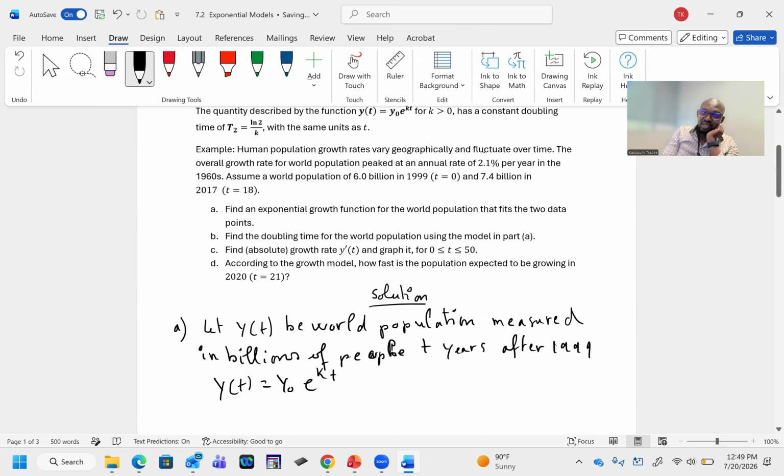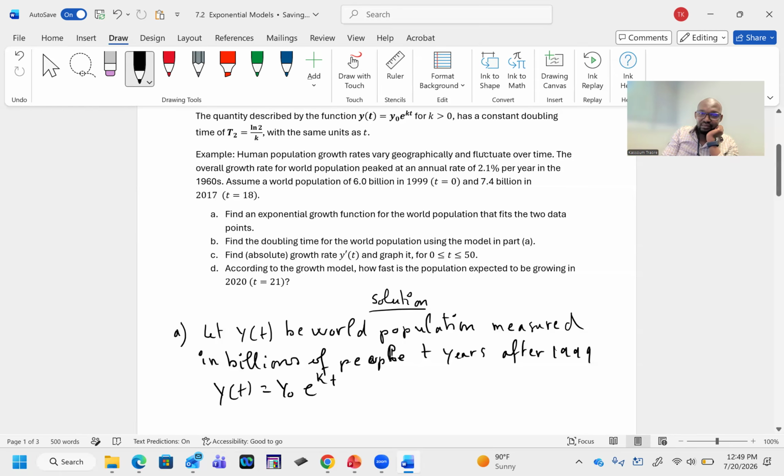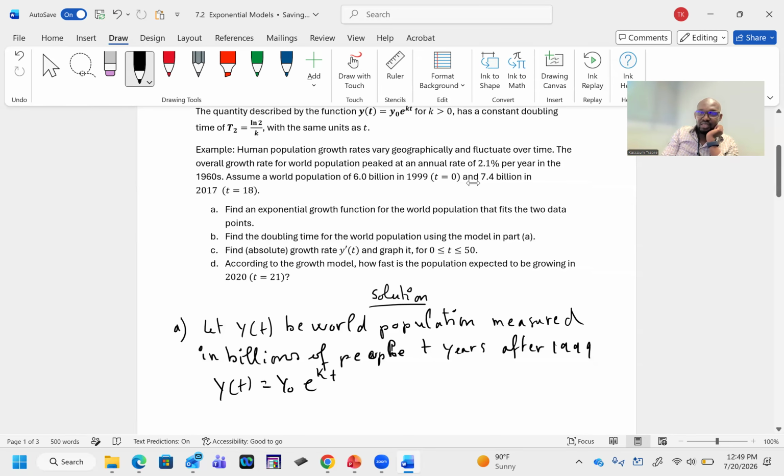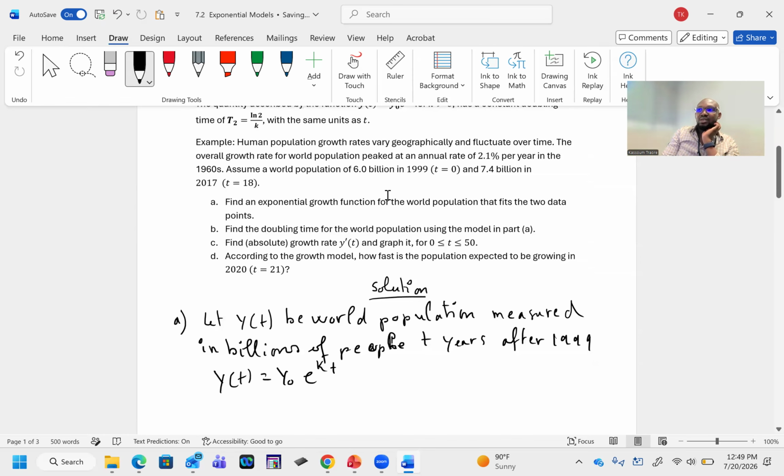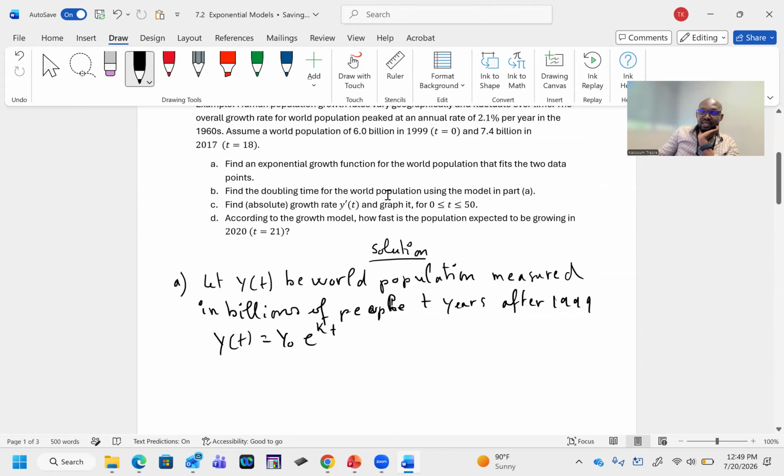So if we read carefully, when t is equal to 0, the population was what? 6 billion, right? So in that case, we know y0 is equal to 6 billion.